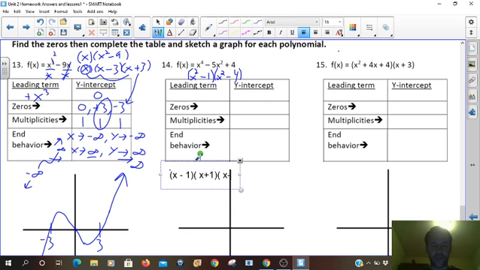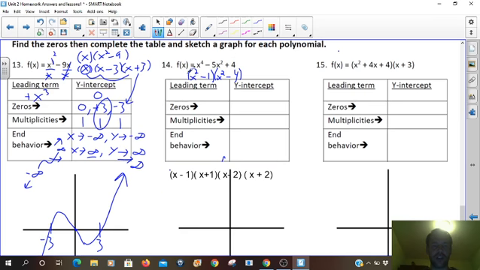And so it's also going to factor into an x minus 2 and an x plus 2. Nice. So those, again, are the factors of this guy right here. Those basically factor into those.